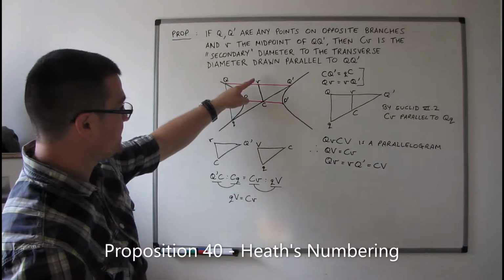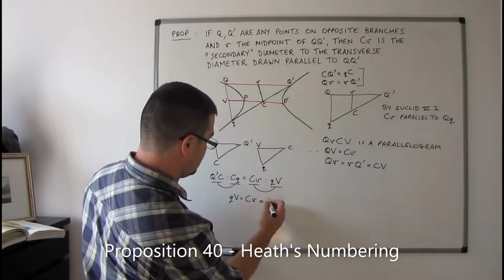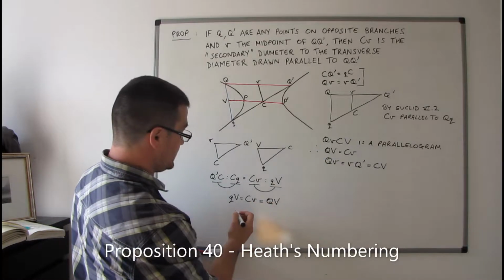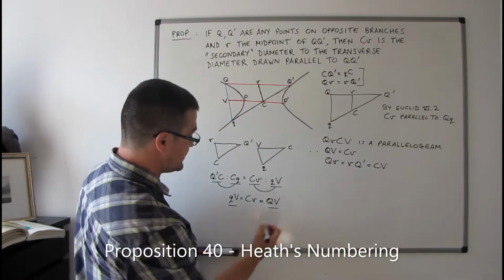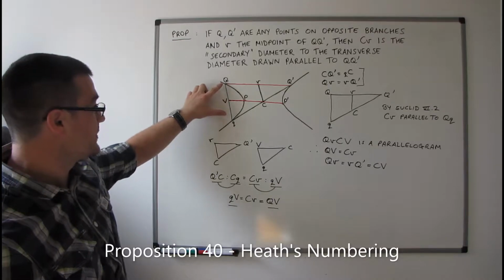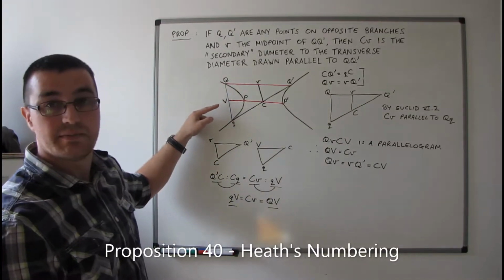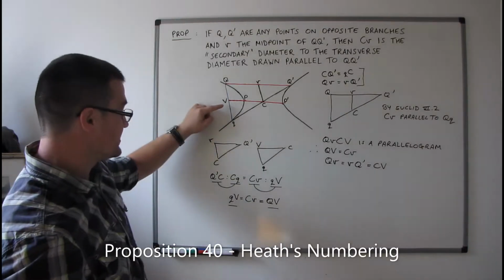But CV we've already shown to be equal to QV. So paying particular attention to these two, that means that this chord Q, uppercase Q, lowercase q, is actually bisected by this diameter PP primed. It's bisected at this point V.